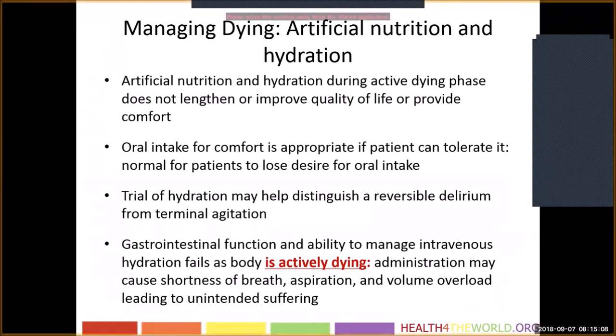Because what you don't want to do is give the family the choice and then ask the family, hey, should we stop them? And now they feel like they're the ones that hurt their relative or took something away. Artificial hydration and nutrition are medical interventions. They're not food. They need us to order them. So if I'm responsible for ordering them, then I am also responsible for stopping them.